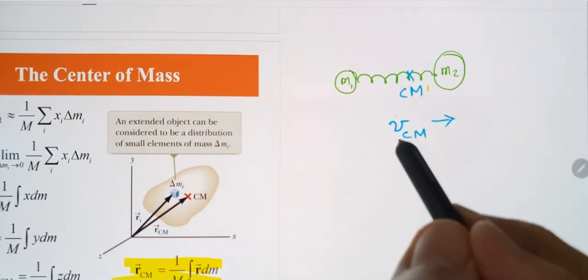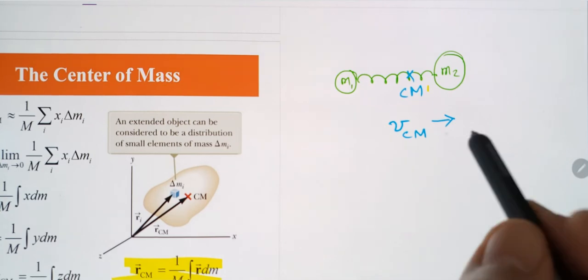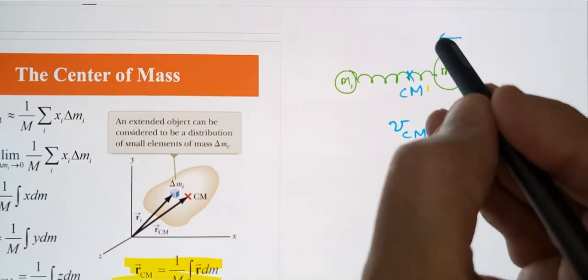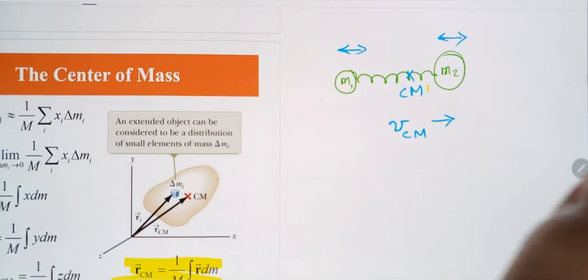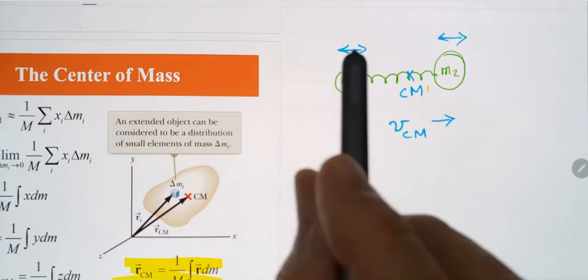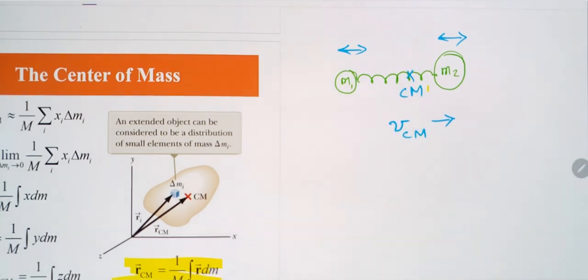However, while the center of mass is moving from left to right, M2 is vibrating left to right, and M1 is vibrating left to right, while the whole object is moving from left to right. So it can happen.